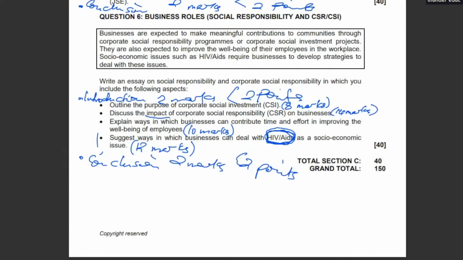So now also the business should develop strategies to deal with stigma and discrimination, because in most cases, if you check different workplaces, for whoever has HIV and AIDS, the kind of treatment is quite different from others. There's a sort of discrimination. That is why we are saying that a business should develop strategies to deal with stigma and discrimination.